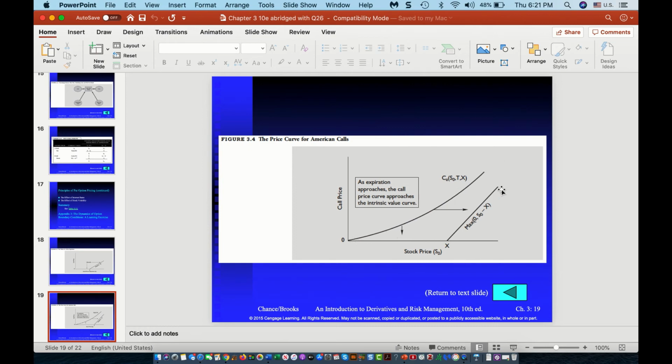The true option price and the formula value are similar at deep out of the money, and they're similar at deep in the money. There is less divergence here and less divergence here, but maximum divergence is at the money. That's why we say at the money, time value is maximum.